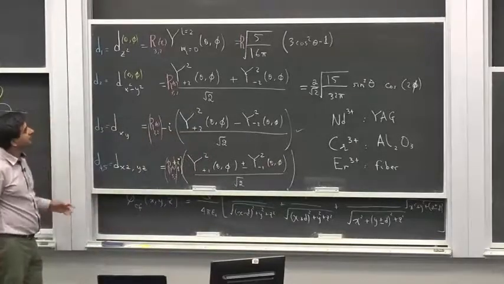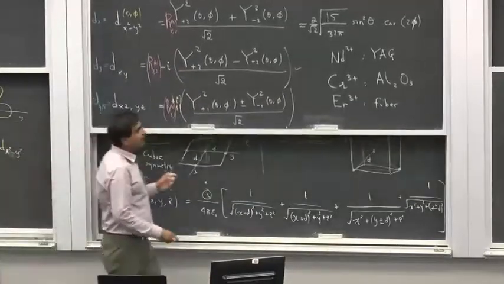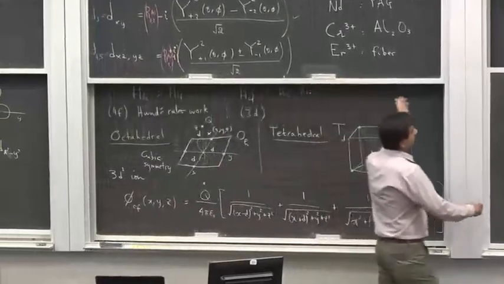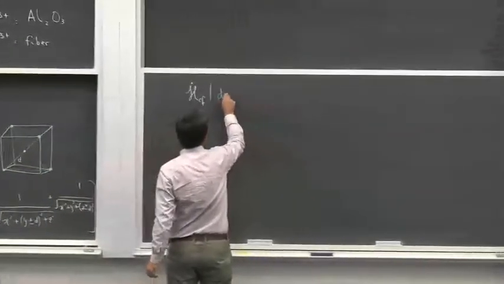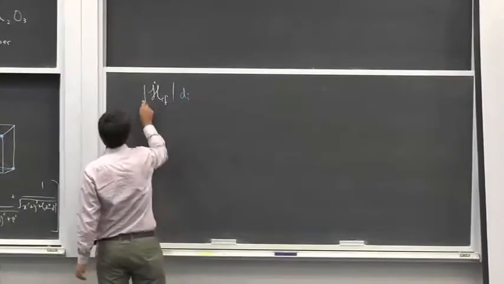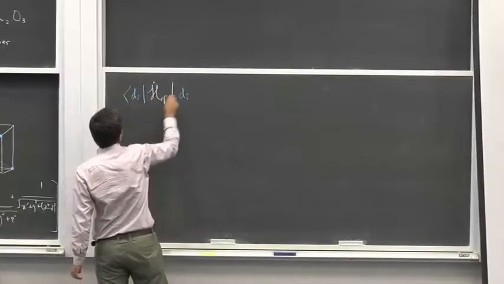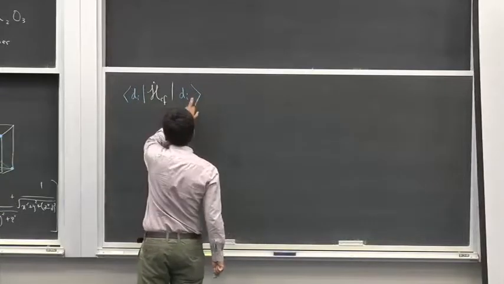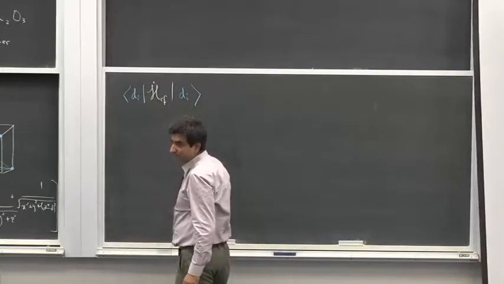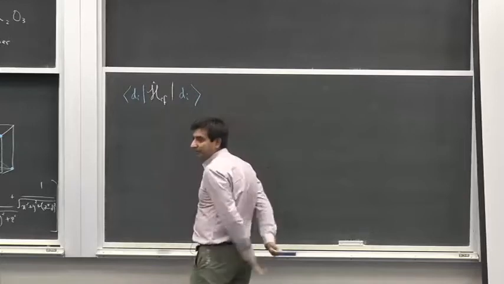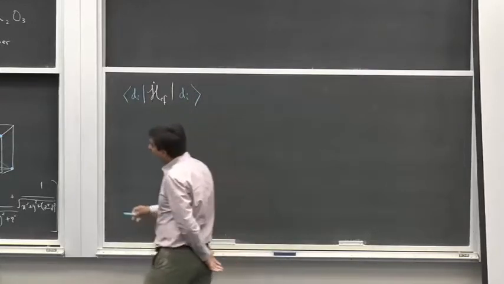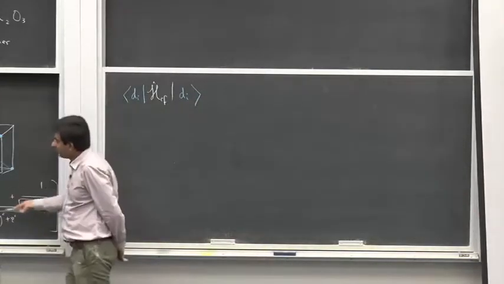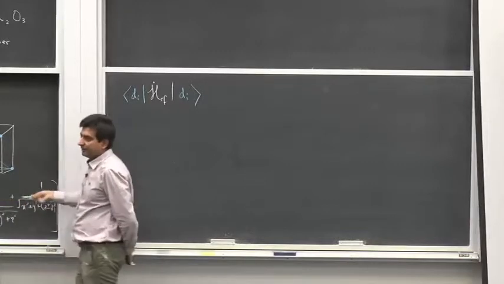So what I need to do is calculate <di|H_CF|di>. Since these are eigenstates, if this is dj and j is not the same as i, then this turns out to be 0. So I need to calculate terms of this kind. I have the crystal field Hamiltonian.